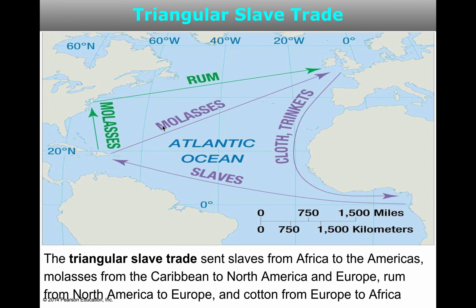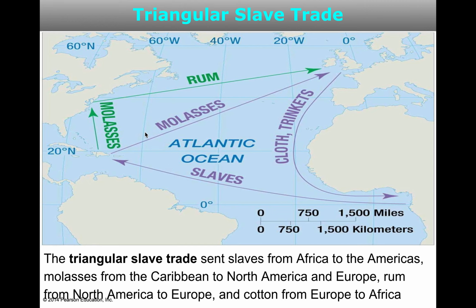They would get sugar and molasses and other tropical crops, and then carry those to North America, and then they would make rum in North America. Also, when slavery picks up in its height between the 1700s and 1800s, they begin to manufacture cotton, and cotton will be an important cash crop that will go across to Europe.